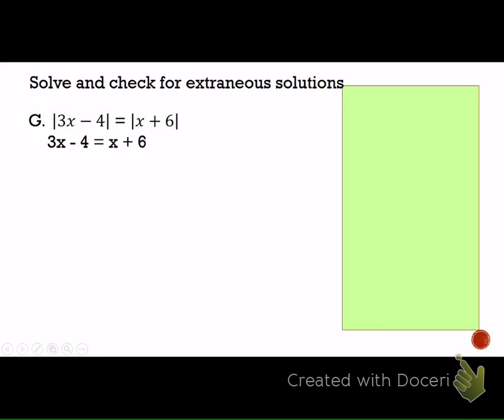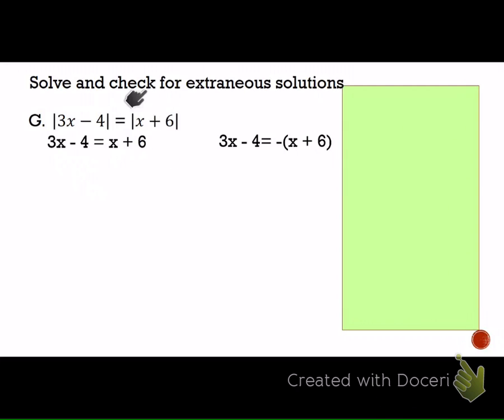So the setup here is basically the same thing. You want to set this equal to this whole thing, positive. And then you want to set 3x minus 4 equal to this whole side, but negative. Same thing. If this was like a 9, we'd set it equal to positive 9 and negative 9.